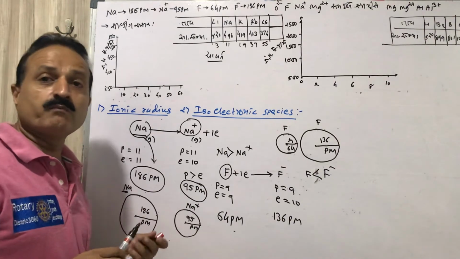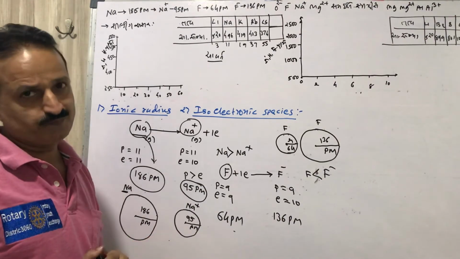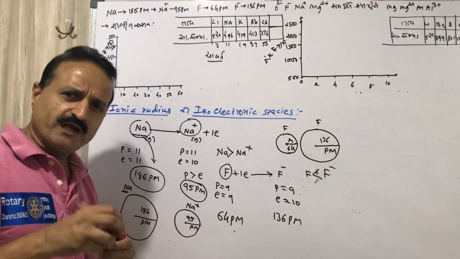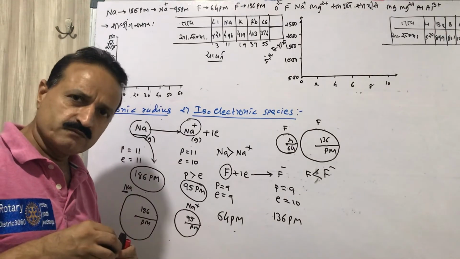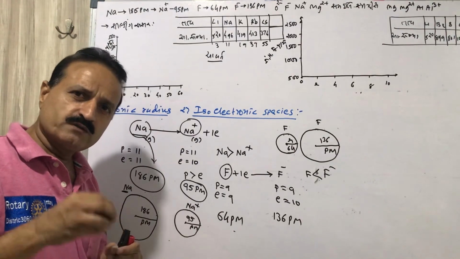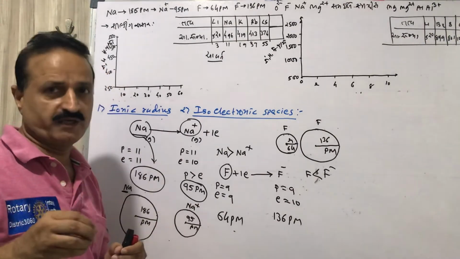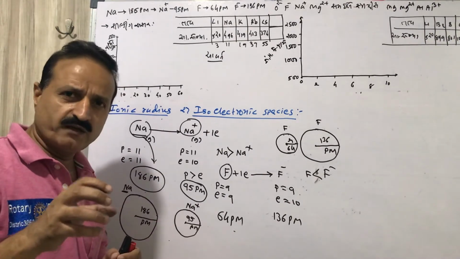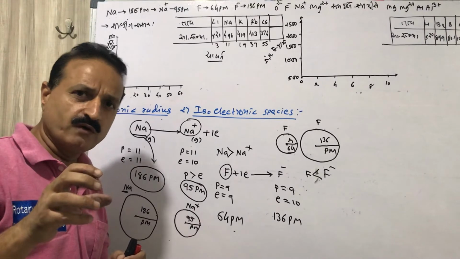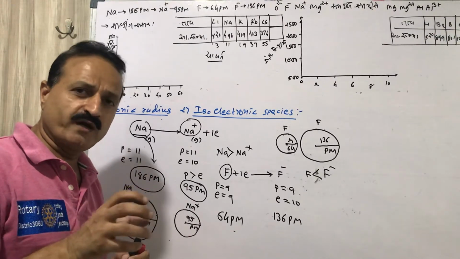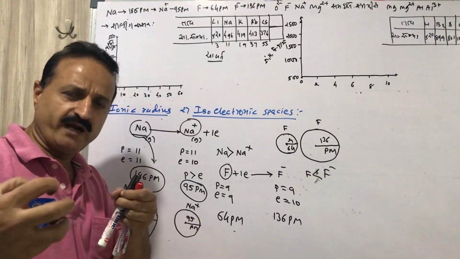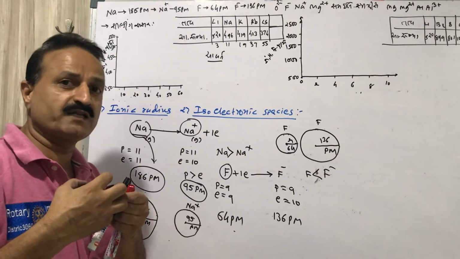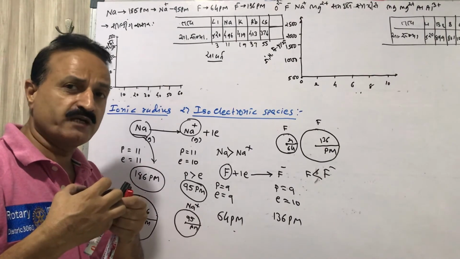the number of electrons changing. Number of electrons change means what? Size will increase or decrease. A positive ion has fewer electrons compared to the neutral atom, so fewer electrons will be attracted by the effective nuclear charge, so that size will decrease.